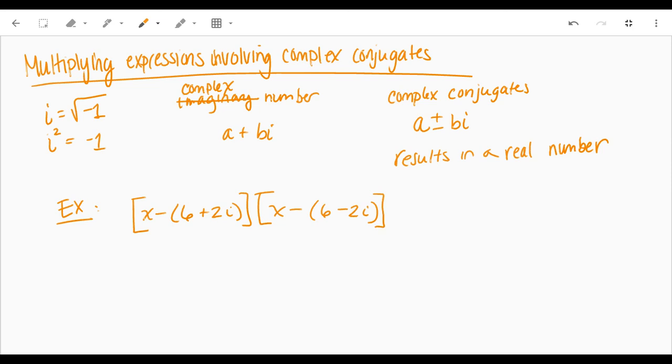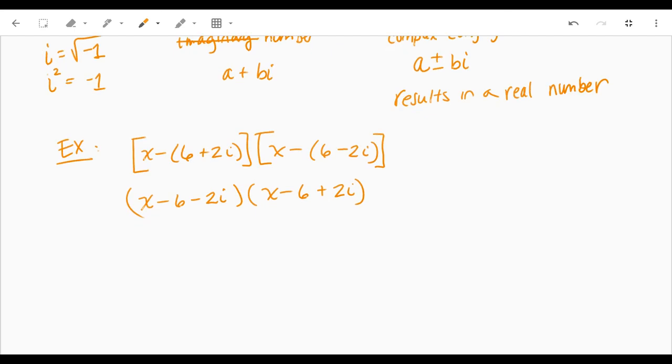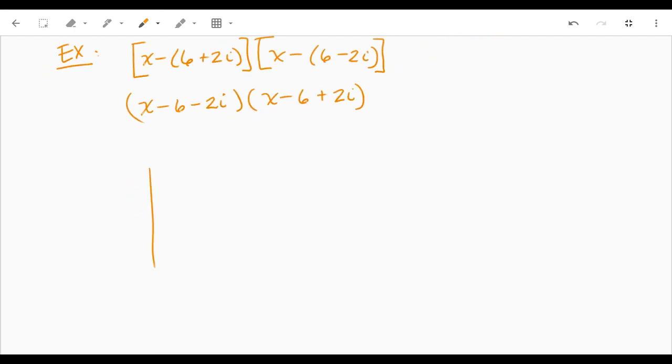Okay, so 6 plus 2i and 6 minus 2i, that pair together, they're called complex conjugates. What I would encourage you to do is an area model and distribute that negative. So we'd have x minus 6 minus 2i times x minus 6 plus 2i. And then when you make your area model, it'll be a 3 by 3.